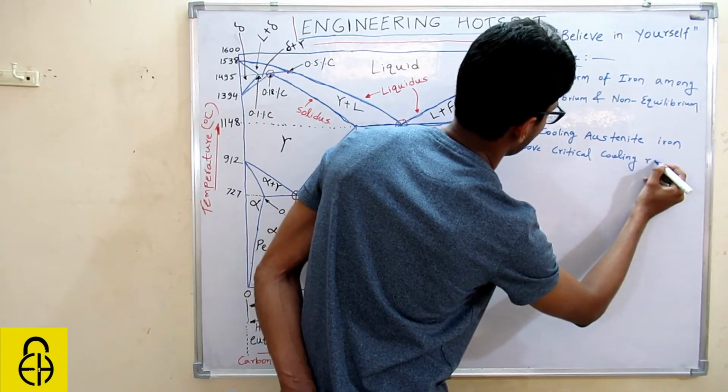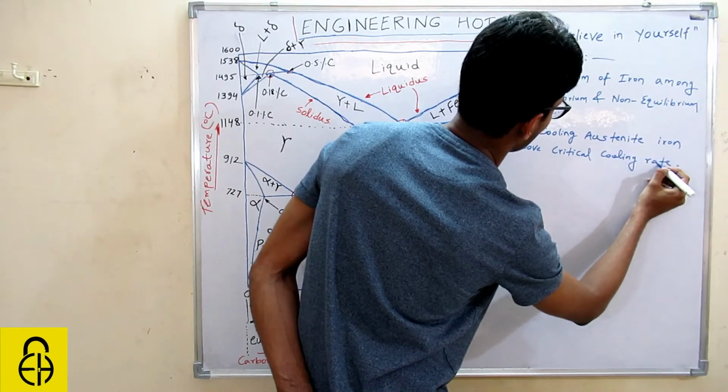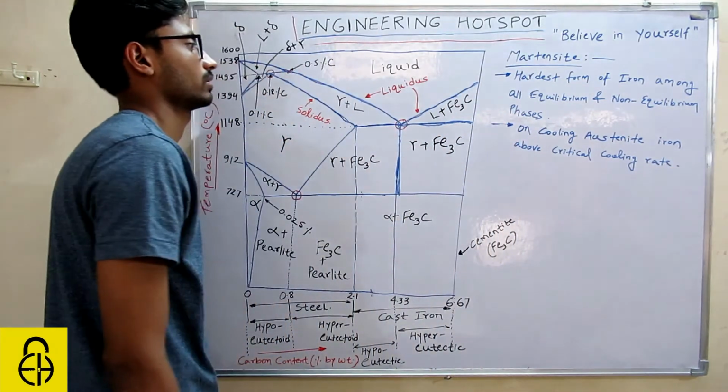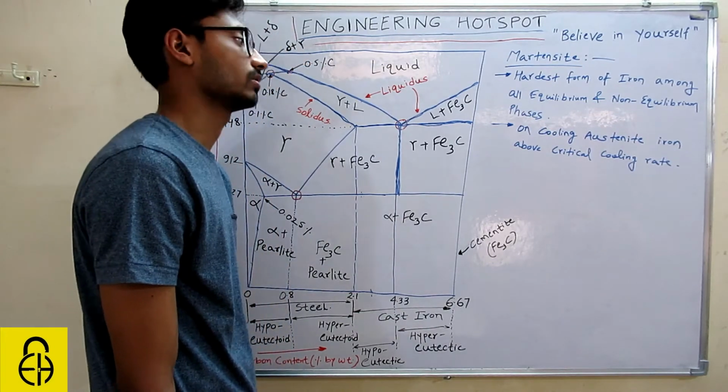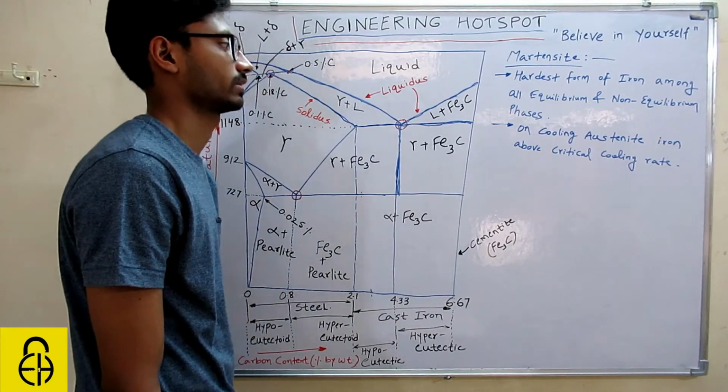There is a specified rate. If you are cooling above that rate, then the austenite iron will change into martensite.